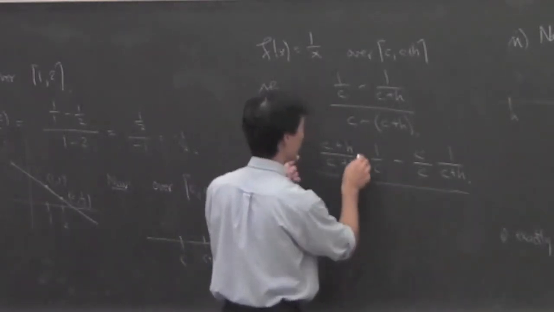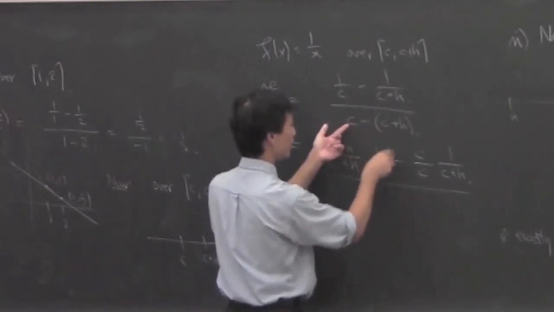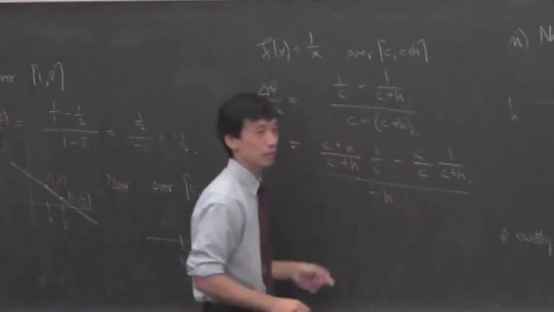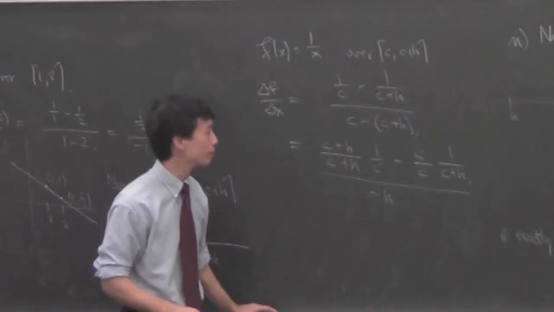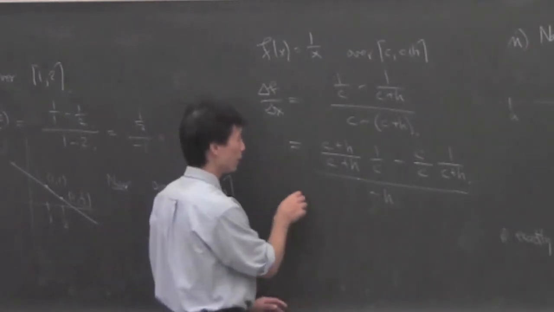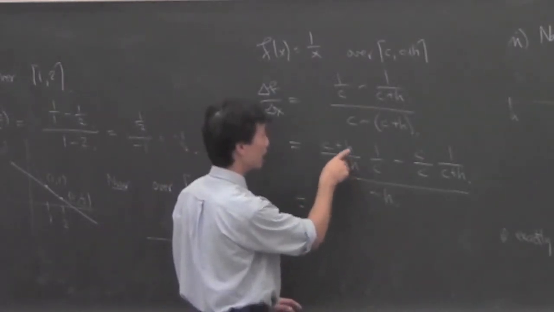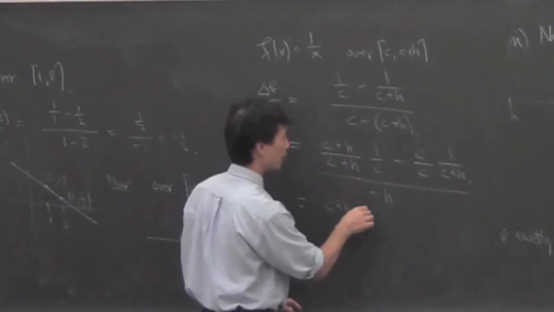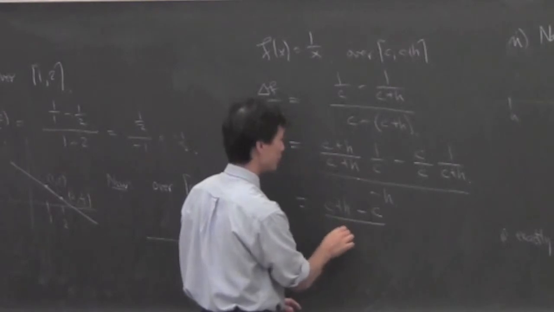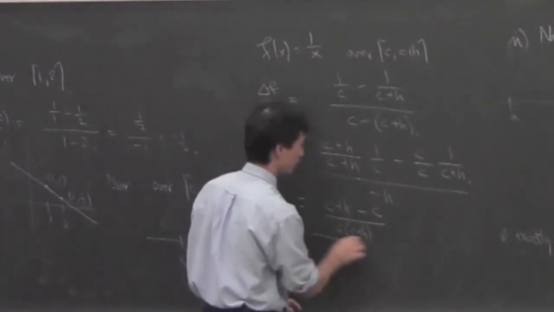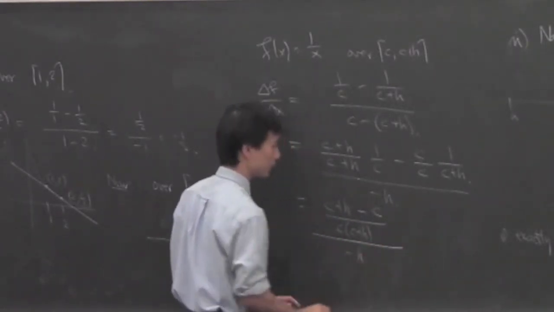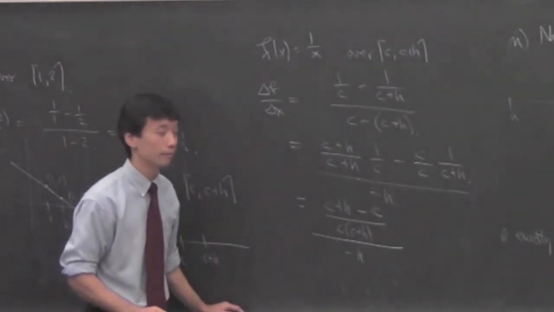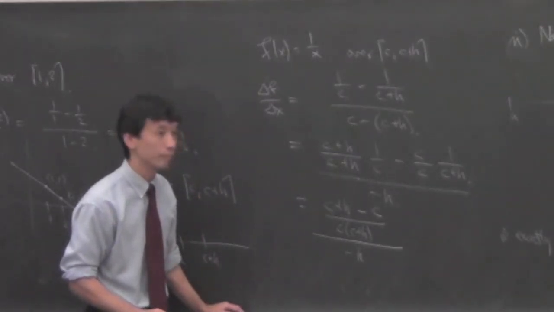Right? And then on the bottom, we just get minus h, right? Because the c's cancel, we get a minus h left over. And so on the top here, we get c plus h minus c over c plus h, everything over this minus h. And then you can cancel out the c's.